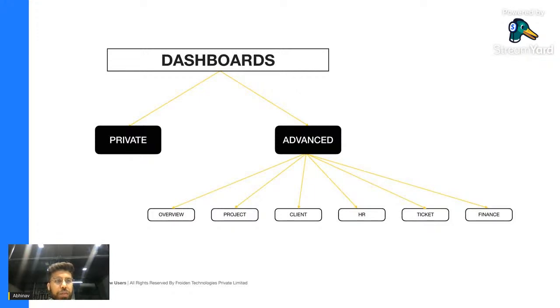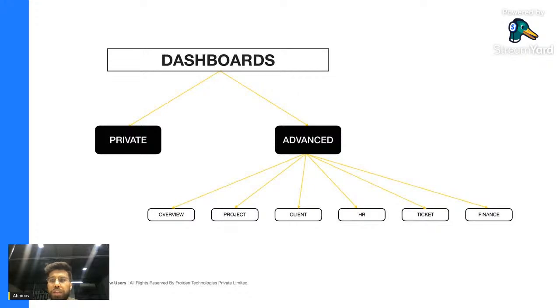And then coming to the advanced dashboard, this advanced dashboard is visible only to the admin or depending upon the permissions you have configured for that role. First one is the overview dashboard, second is the project dashboard, client dashboard, then HR dashboard, tickets, and the last one is the finance.